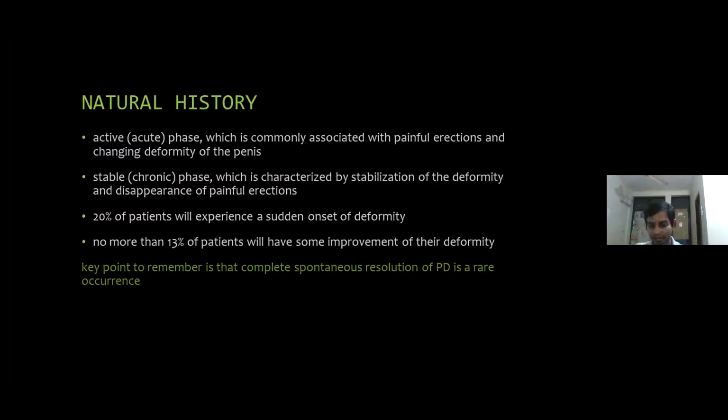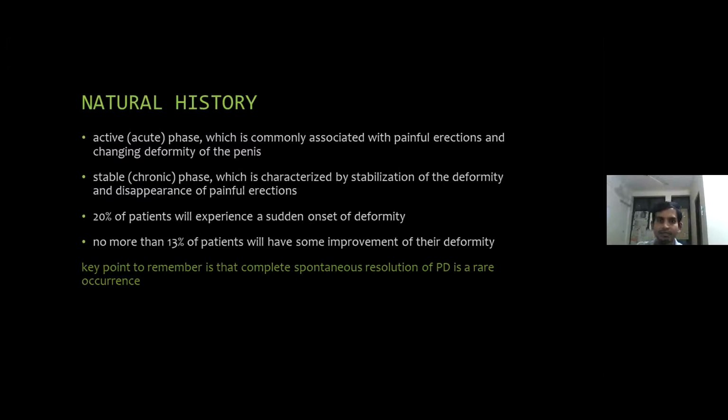Considering the natural history of Peyronie's disease, there are mainly two phases. One is the active phase, and the other is the chronic phase. In the active phase, patients mainly have a painful erection and a gradual change in the penile deformity, the curvature. They can even have pain in the flaccid state of the penis.